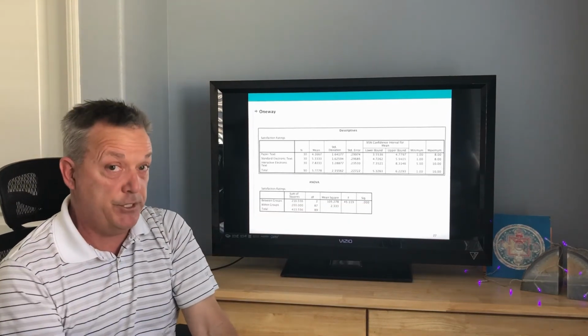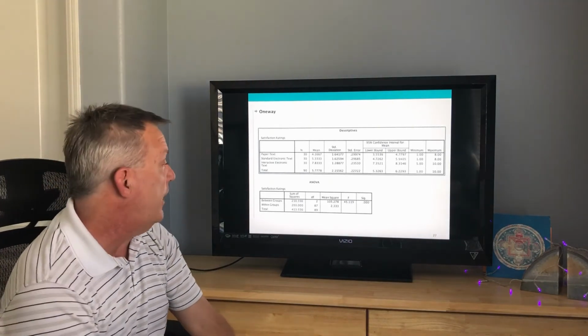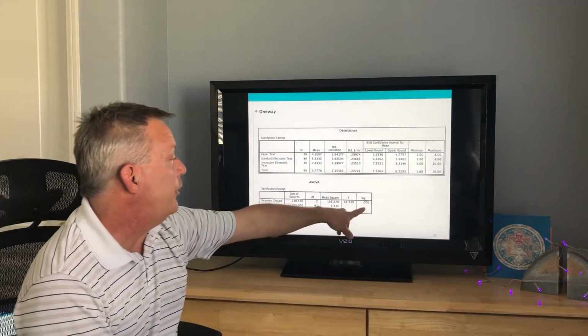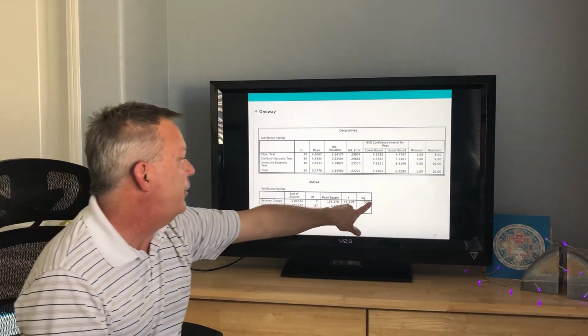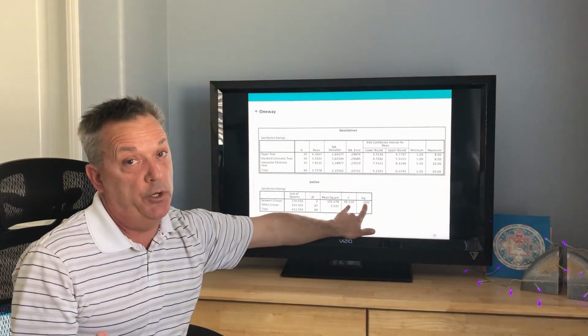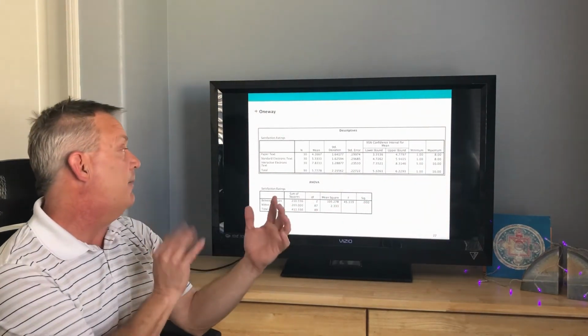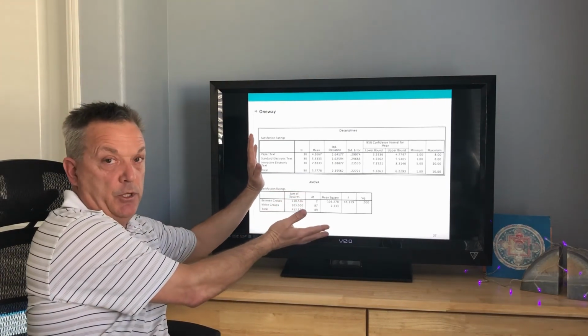Remember, you can never have 0.000, so you report it as 0.001, for example, when you're reporting your results. Talks about that in the book. But you can see right here that that is lower, of course, than 0.05. So there is a significant main effect as this SPSS output shows.